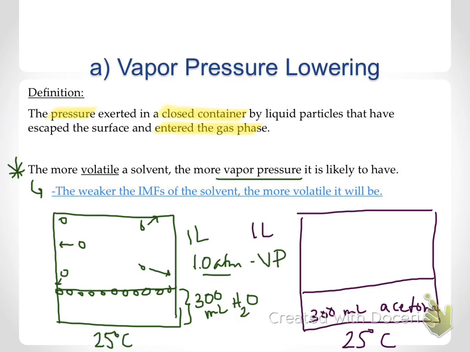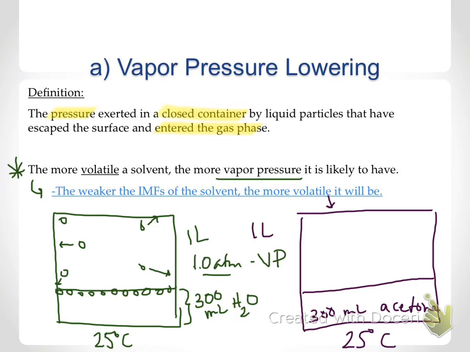Pure acetone is something that's very volatile, and you know this because if you spill it on you, it evaporates super quickly. If you were in my class last year, we did a lab where we streaked it across the table and it evaporates almost instantly. So this is much more volatile, and that has to do with the fact that its intermolecular forces are a lot weaker.